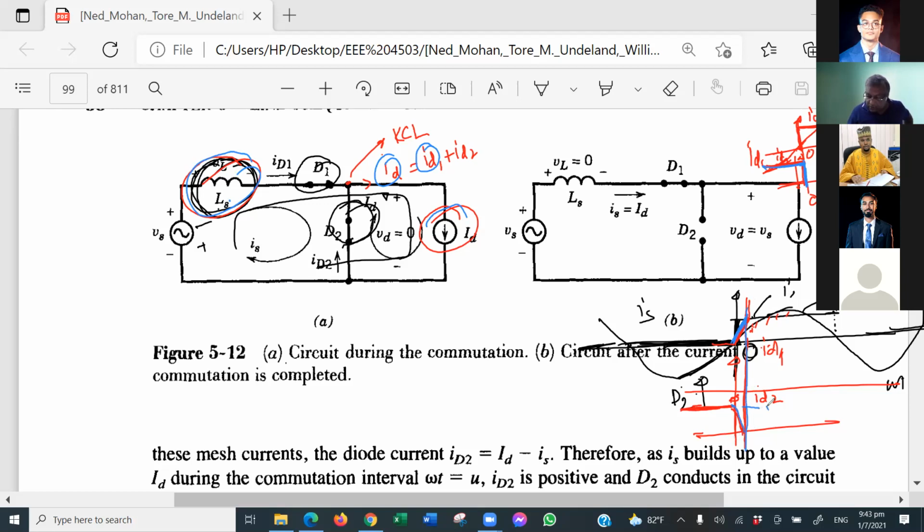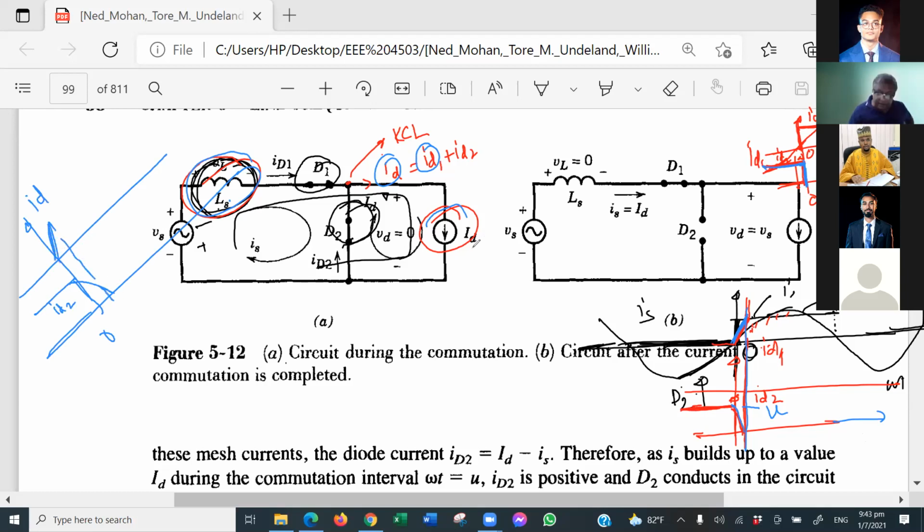We call it U, this angle U. I'm explaining again: this is your ID2, it is going down, and then the current ID1 builds up and goes like this.